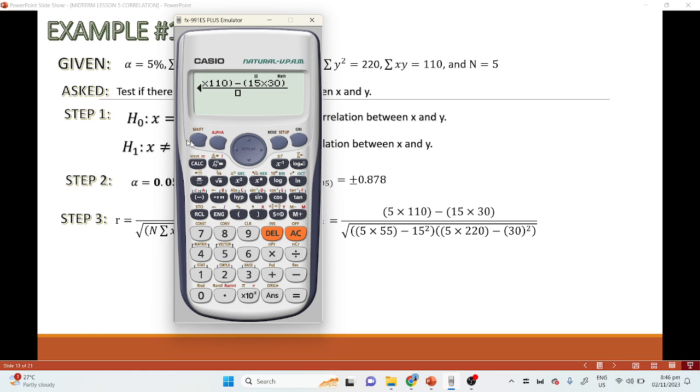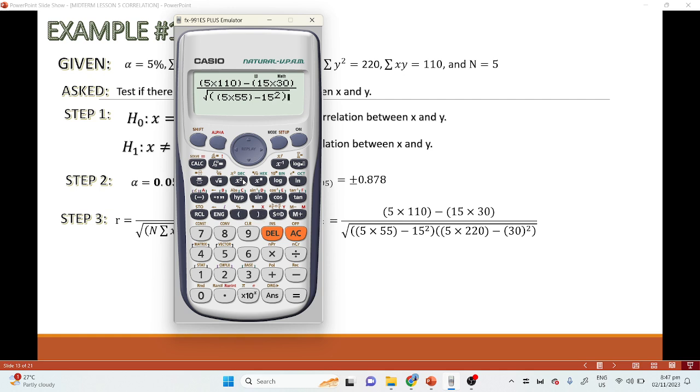Then arrow down, para mapunta sa baba, you need to press square root. Okay, and then sa baba, double open parenthesis, 5, which is the value of n, multiply by 55, minus 15 squared, and then close parenthesis.